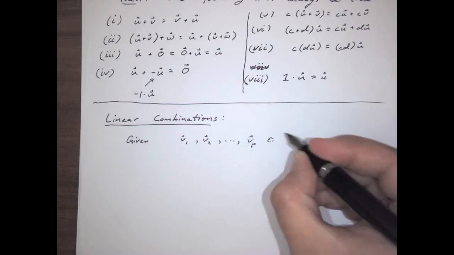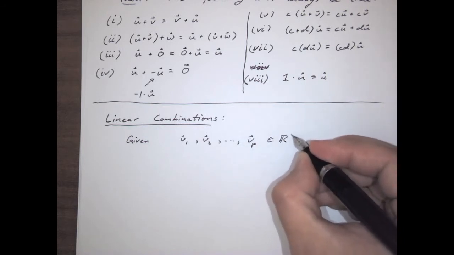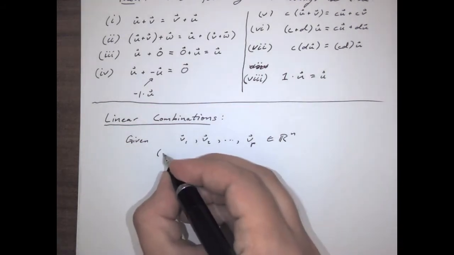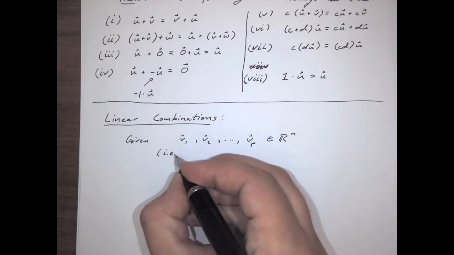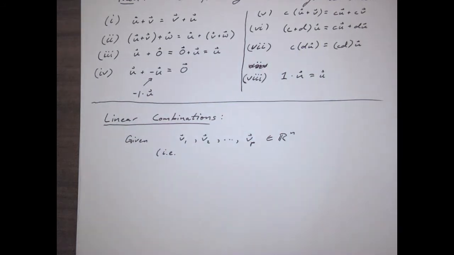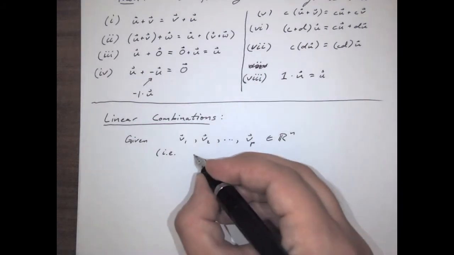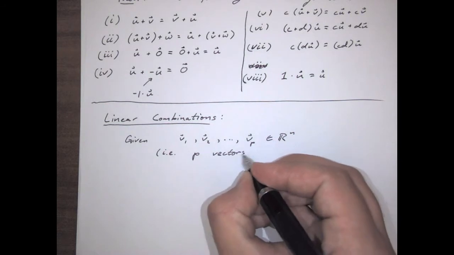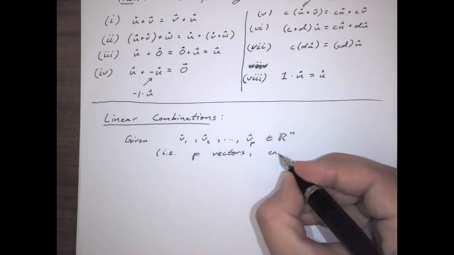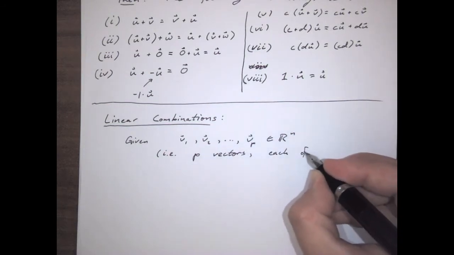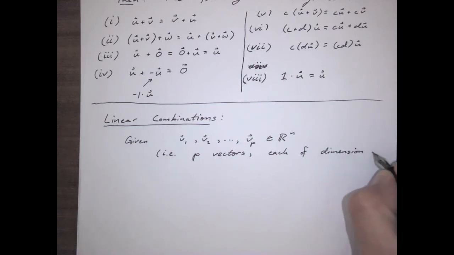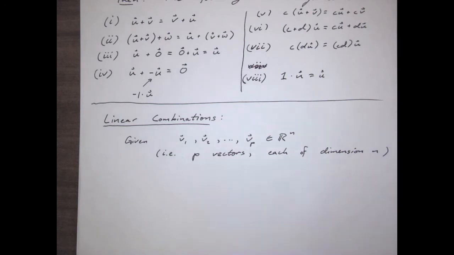And these are all in Rn. So this is just mathese for saying we have p different vectors, each of dimension n.